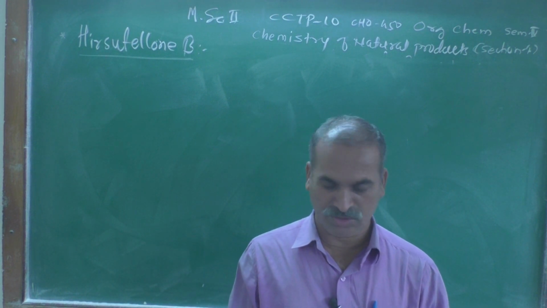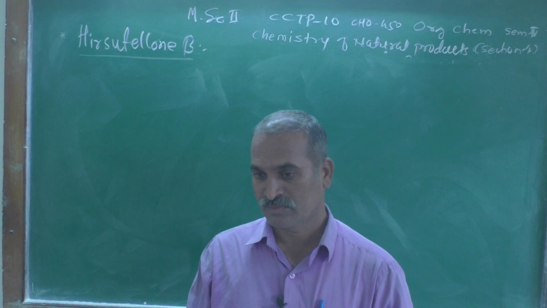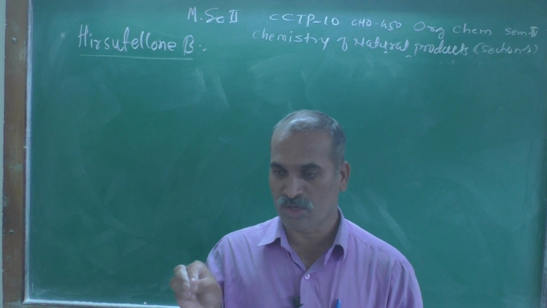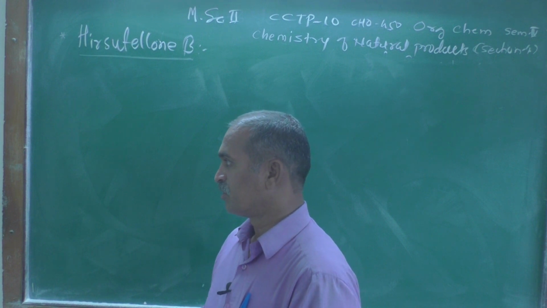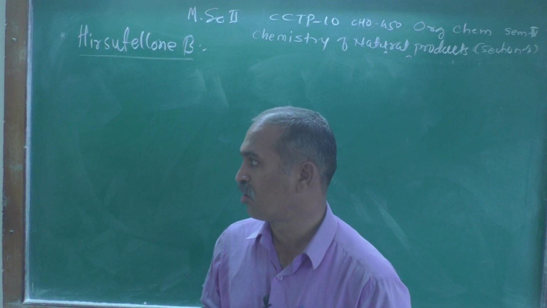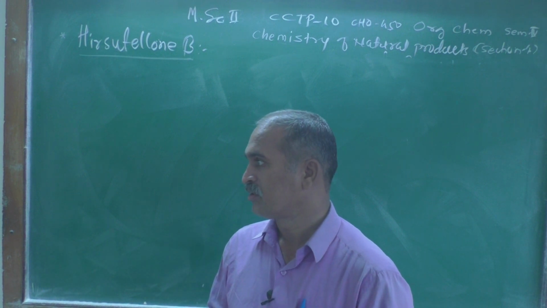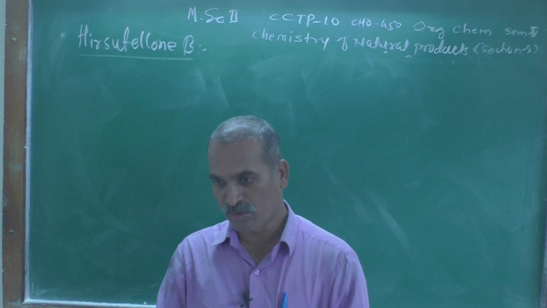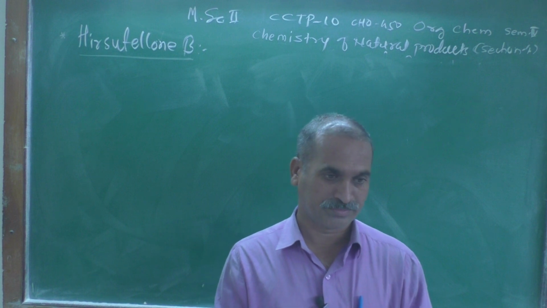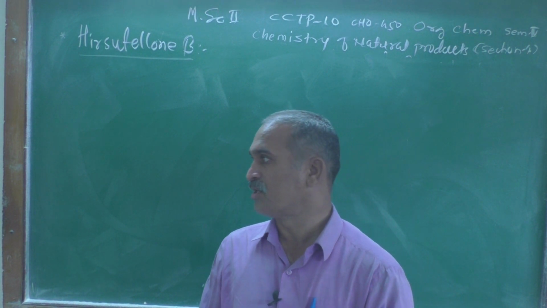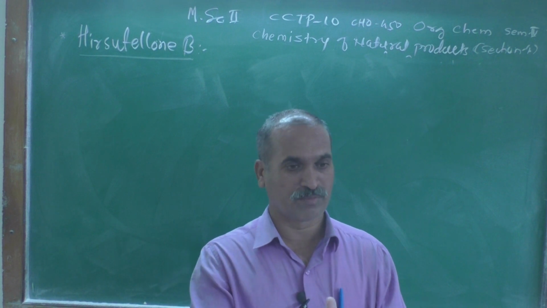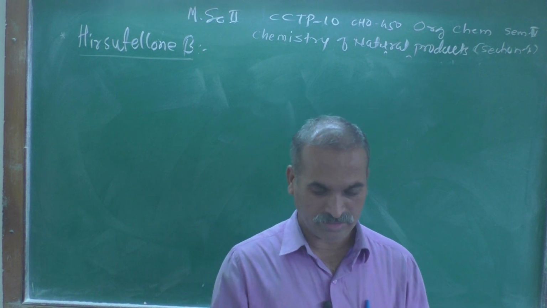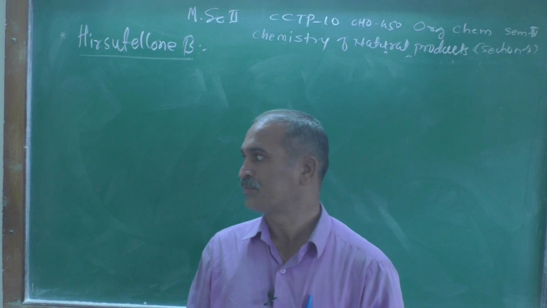Functional group interconversion sometimes requires the breaking of the bond, no doubt about it, but you cannot break the bond without knowing the method of forming or making that bond, and therefore there is a need to convert one functional group into another, so that you are able to break.